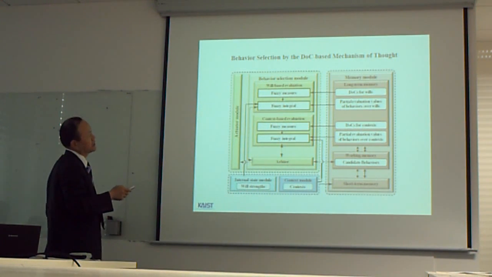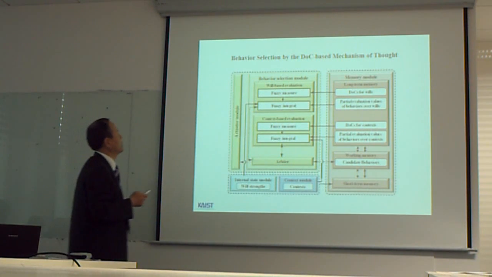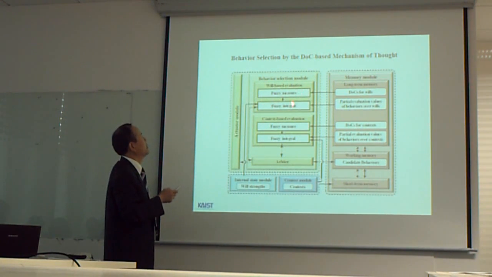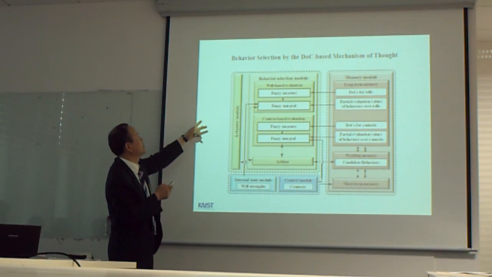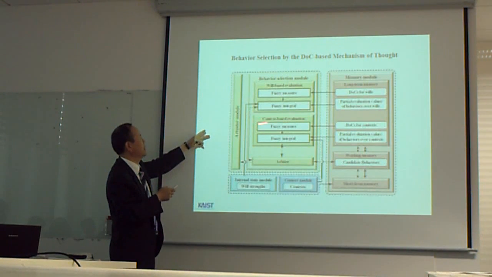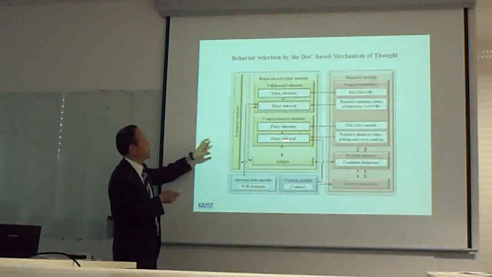The degree of consideration is represented by a fuzzy measure, and similarly we use two fuzzy integrals: for this field-based evaluation, and again for the context-based evaluation using the degree of consideration, and also the partial evaluation between behaviors and context.